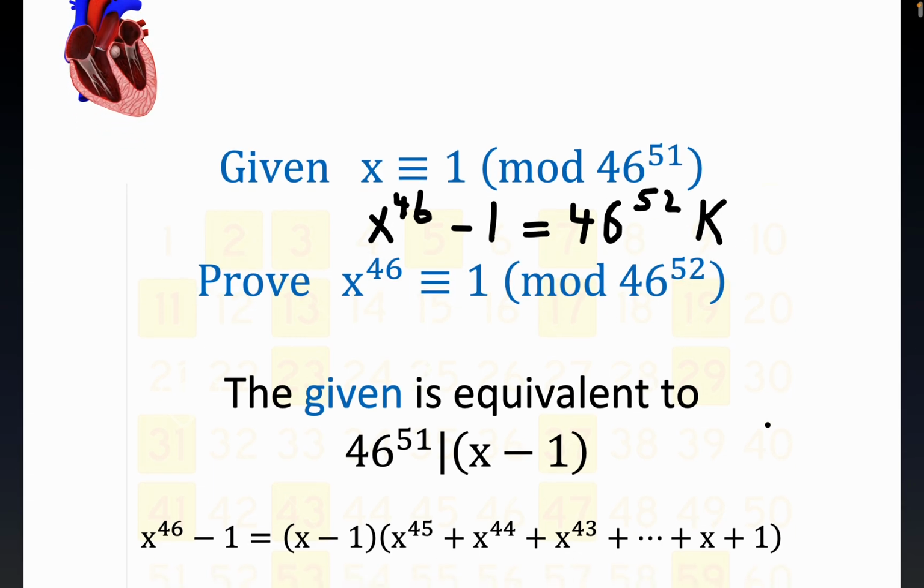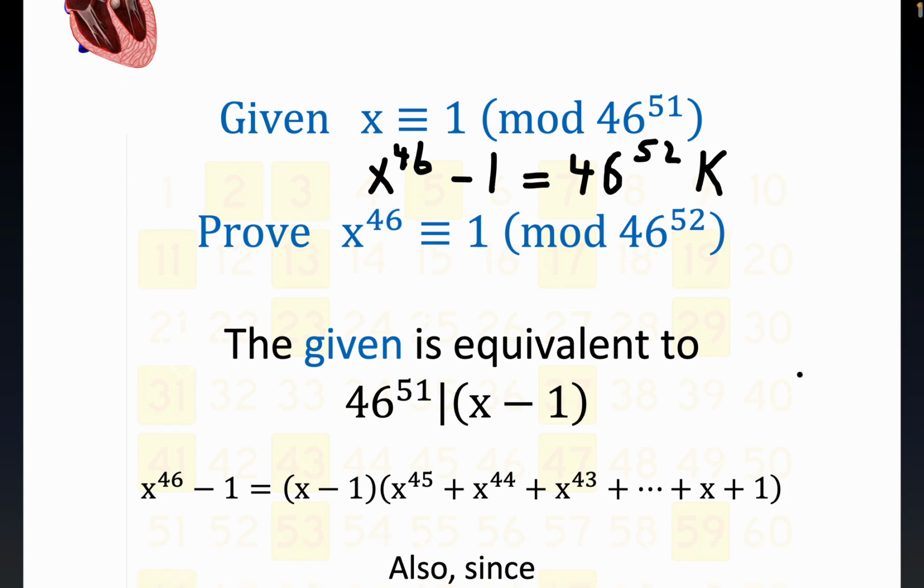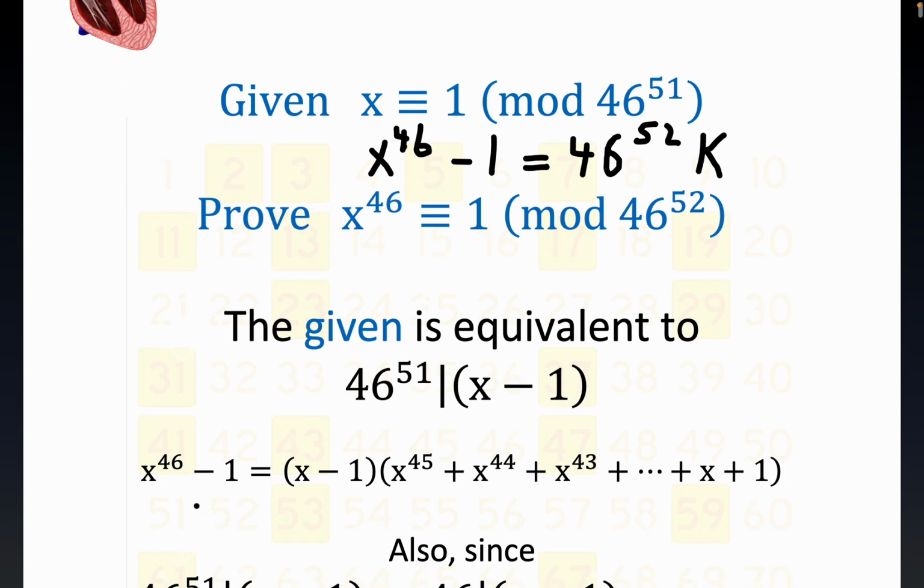All right, now, since we are aiming at getting to this point where we can say that x to the 46 minus 1 is a multiple of 46 raised to the 52nd, it's very reasonable to consider this statement right here. Here we have x to the 46 minus 1 in this telescoping algebraic form. You can see how everything just cancels out, and all you're left with is x to the 46 minus 1.